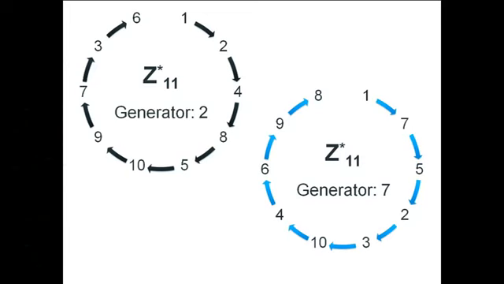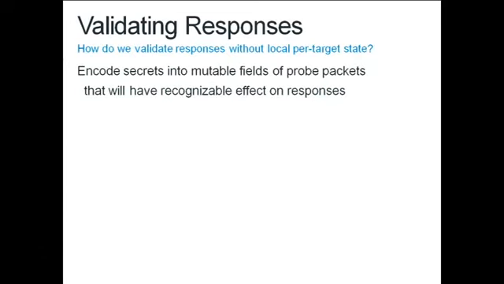Another thing that we do is the way we validate responses in an almost totally stateless way. Is by taking some secret and basically encoding it in fields of the outgoing probe, such that we can recognize whether a packet coming back in is a result of our scanning, or is it background traffic, is it just someone trying to attack us, whatever.